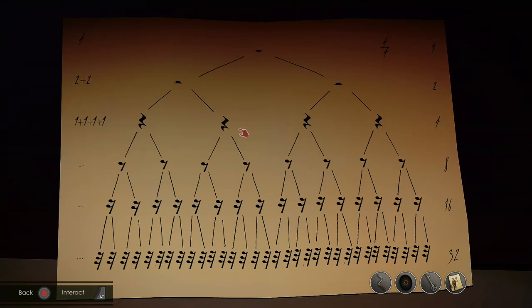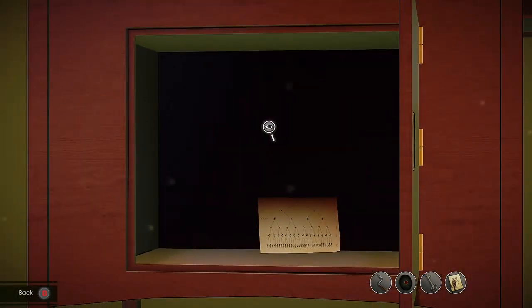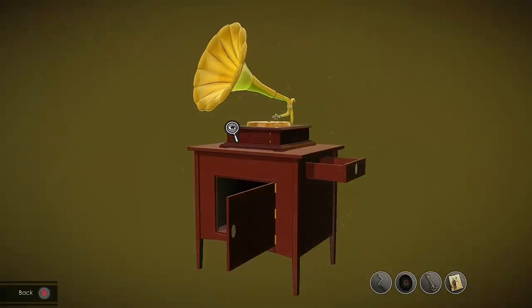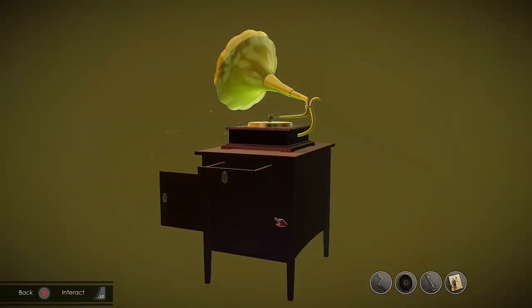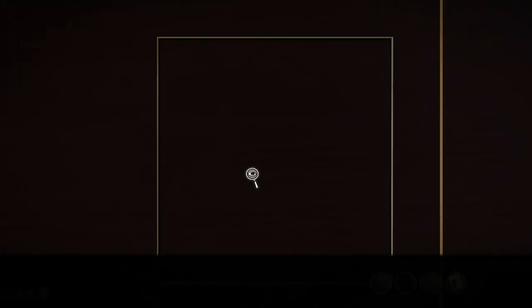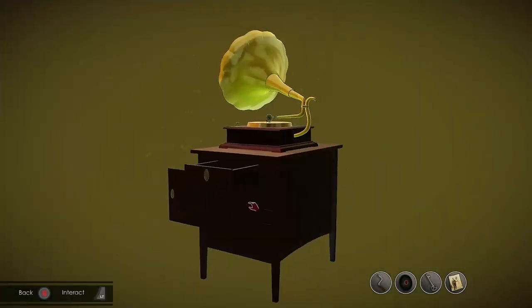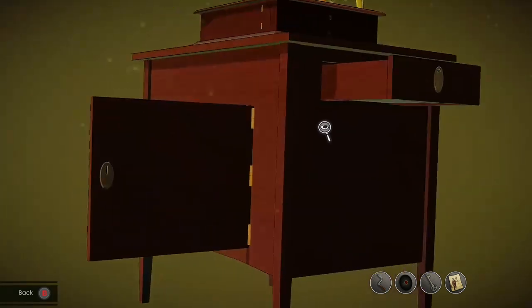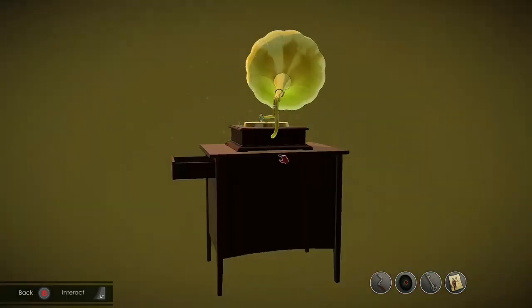Right, the normal hat-looking things are apparently a 2. The upside-down hat is a 4. So this right here, these are 1s. I cannot open it. Right, so... Oh! No!